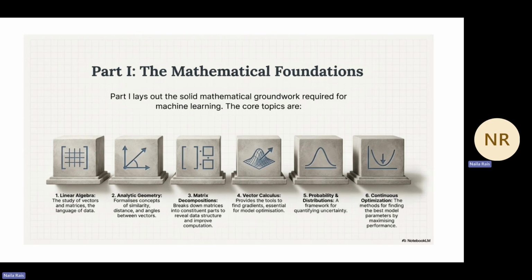The core topics are: first, linear algebra, the study of vectors and matrices, the language of data; second, analytic geometry, which formalizes concepts of similarity, distance, and angles between vectors; third, matrix decompositions, which break down matrices into constituent parts to reveal data structure and improve computation.